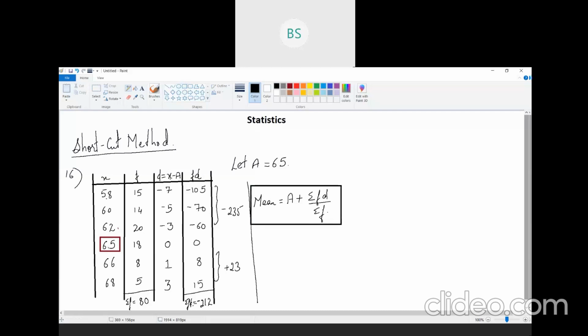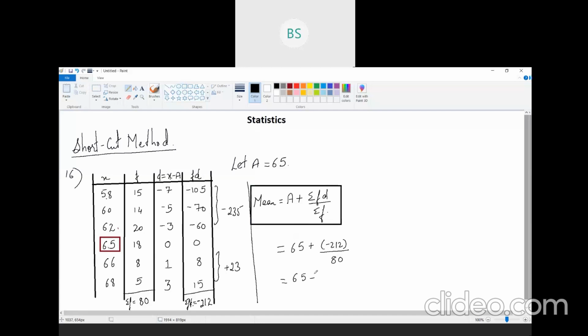So this is the formula for the shortcut method. Okay, so now here we will substitute the values. So mean is equal to A. Now A is 65 plus sigma fd, that is minus 212, divided by sigma f, that is 80. So this will give us 65. Now here plus into minus will be minus.